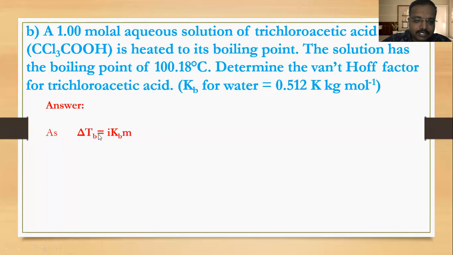Delta Tb means the change in boiling point temperature when the solute is added. So when proportionality is changed, we get Kb. Since it is asked to find the van't Hoff factor, for this particular case the elevation in the boiling point is delta Tb is equal to i into Kb into m.